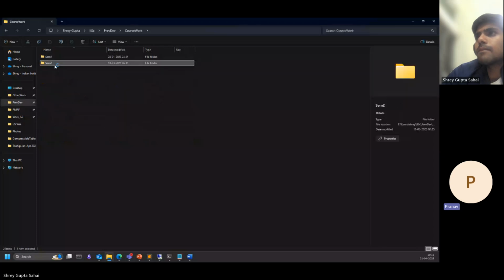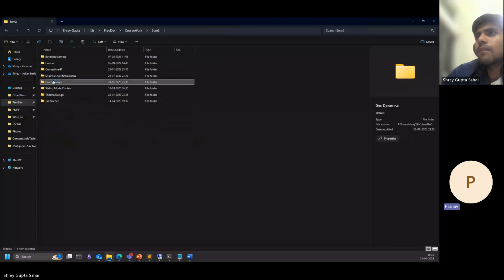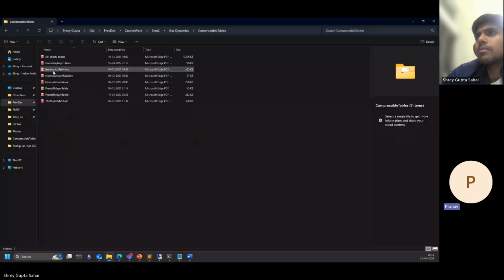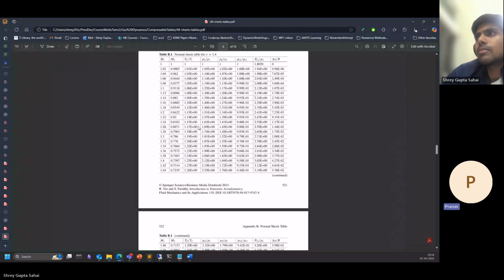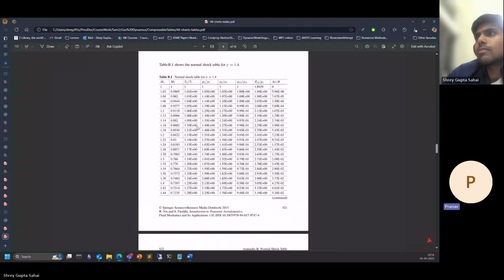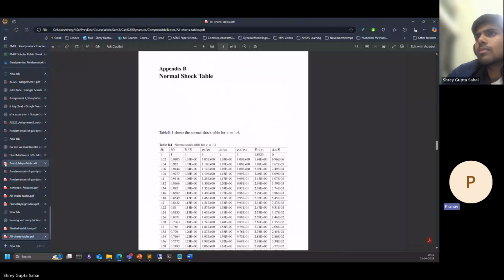The way I generally solved this type of question was I take the static pressure ratio and then in the last I take the isentropic relations into the picture.